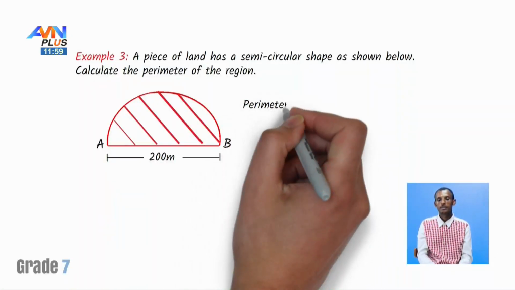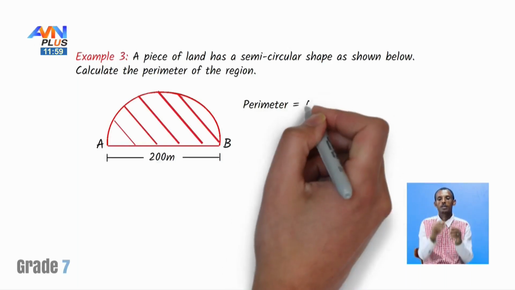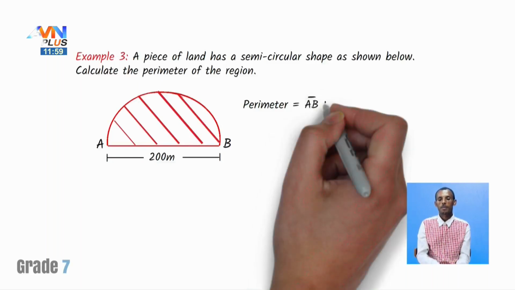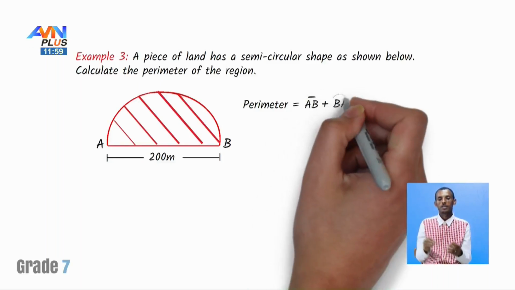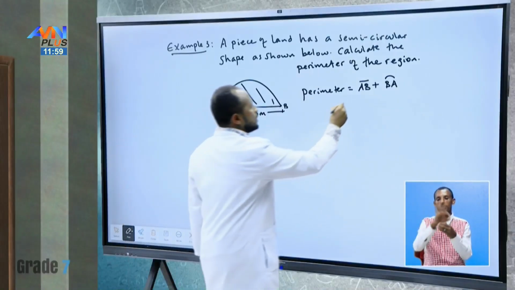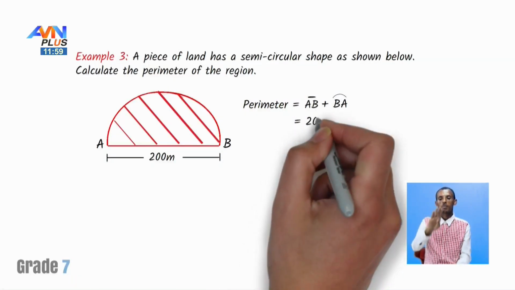is equal to the length AB plus the arc BA, which is half of a circle, I mean. BA is this semicircle, arc BA. Now, the length AB, as you can see, is 200 meter.